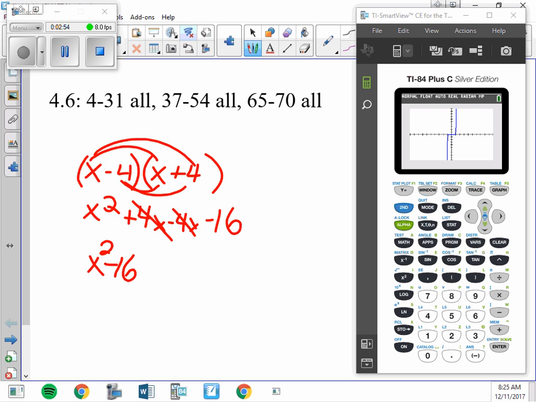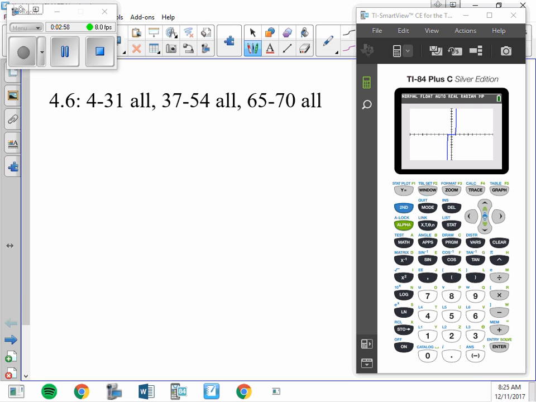That's one of the nice things about conjugates, the middle term cancels. So if I had x minus 3, the conjugate for that would be x plus 3. And when I multiply them together, what am I going to get without actually doing it? I'm going to get x squared minus 9. Has to be a subtraction, right? If it's a plus, it's not going to work.